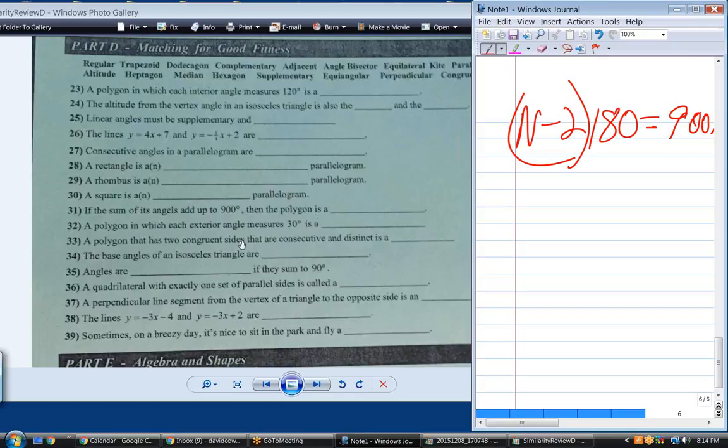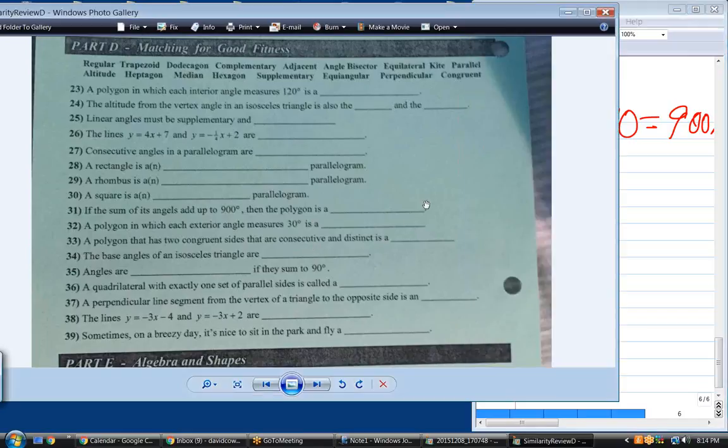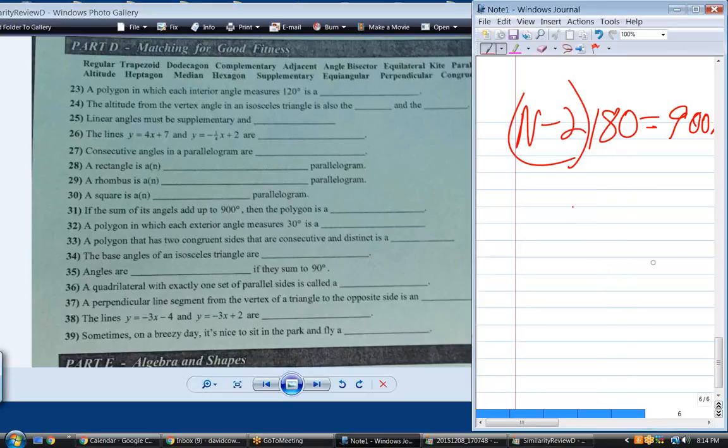A polygon that has 2 congruent sides that are consecutive and distinct is a... altitude. No, an altitude is what you drop from a vertex. In other words, an altitude is a vertical perpendicular.